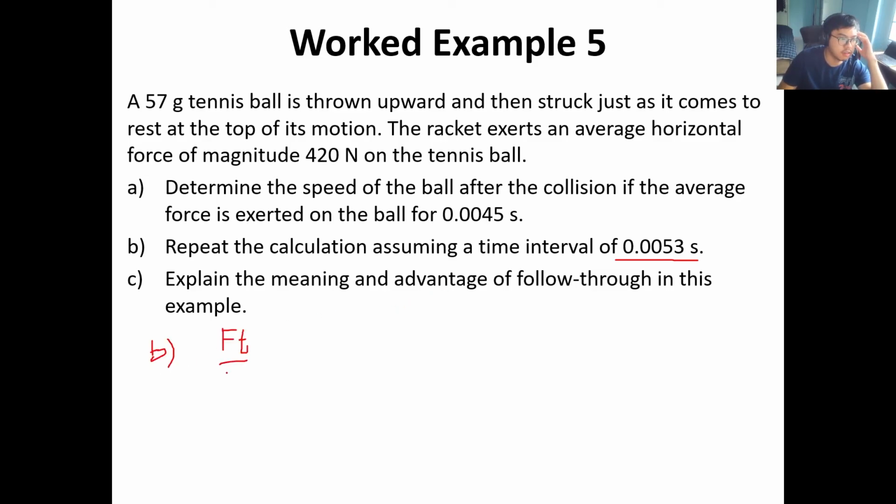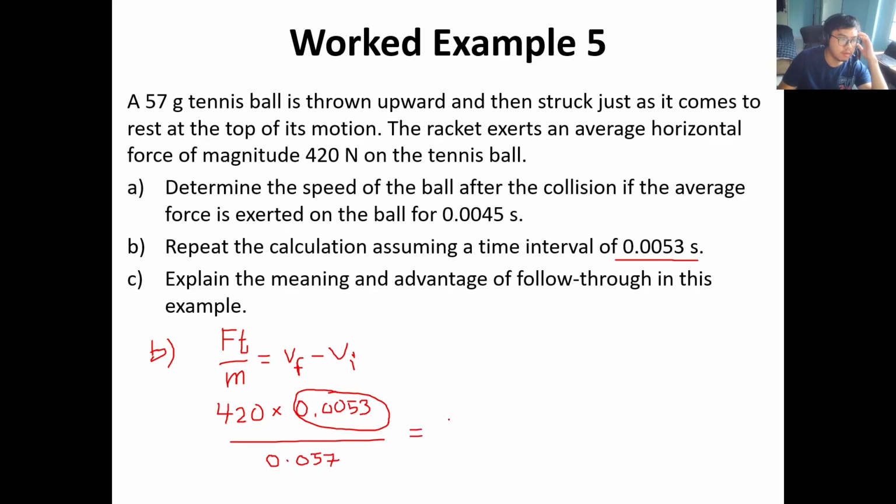So this is the formula from question A that we will reuse. Force is 420. Time is the one that's changed now. It's slightly longer. So this is the value that is being changed divided by the mass, which is 0.057, and that's equal to the final velocity, right? The initial velocity, this one here is 0, so we don't have to put it in here.